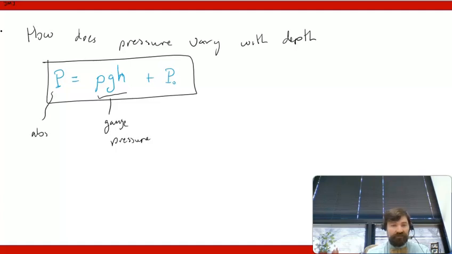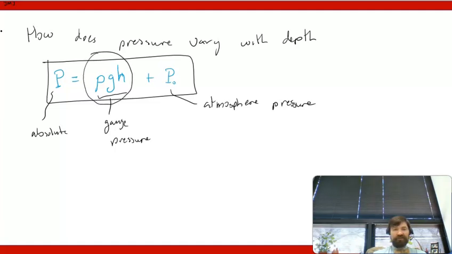And this right here is atmospheric pressure. This part of the equation, the gauge pressure, is how pressure varies with depth. We're using H to represent depth here.